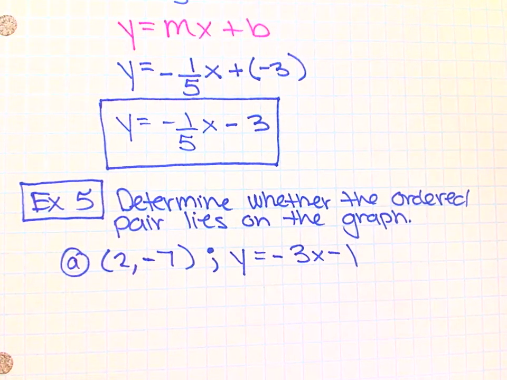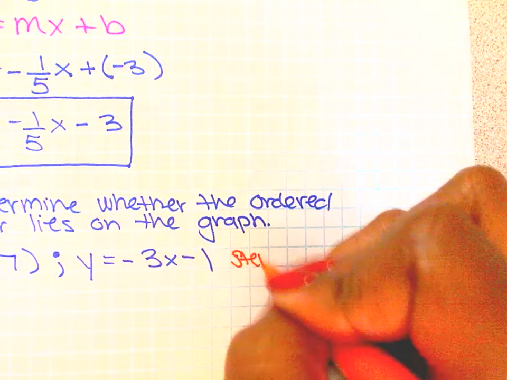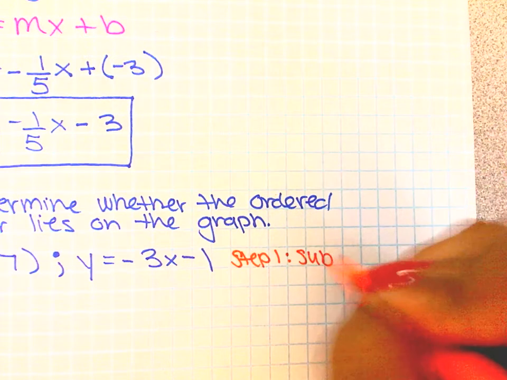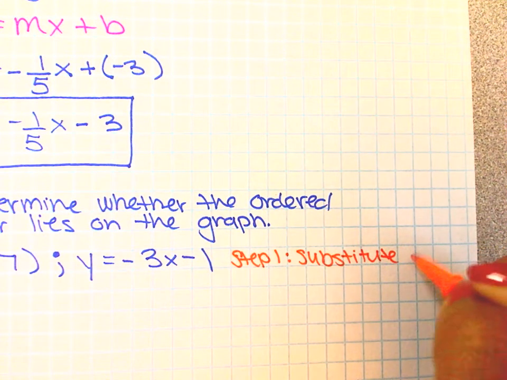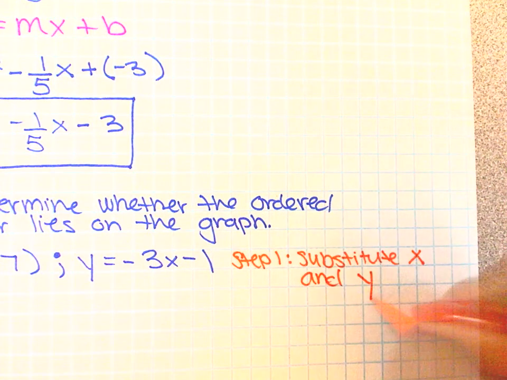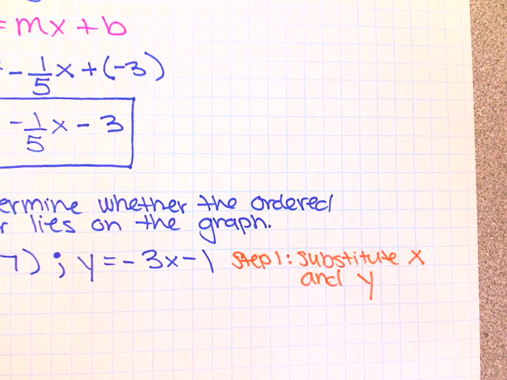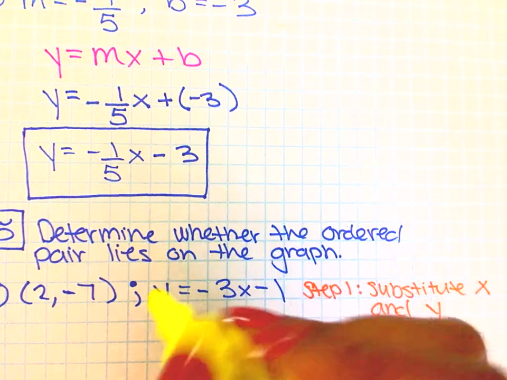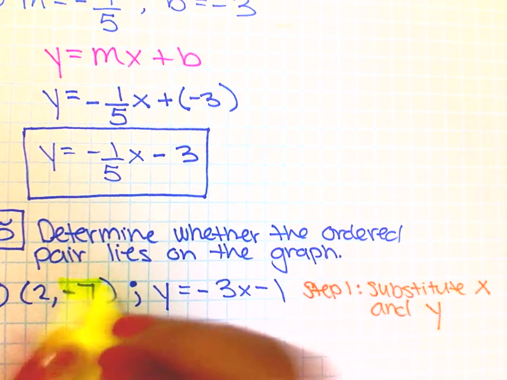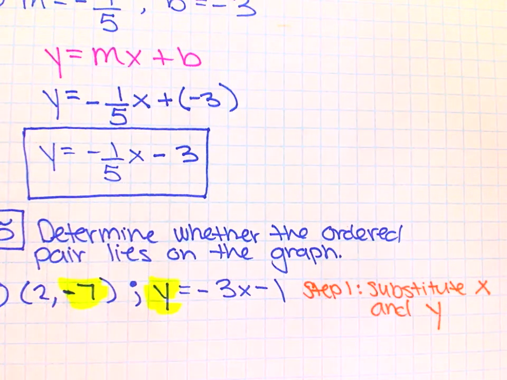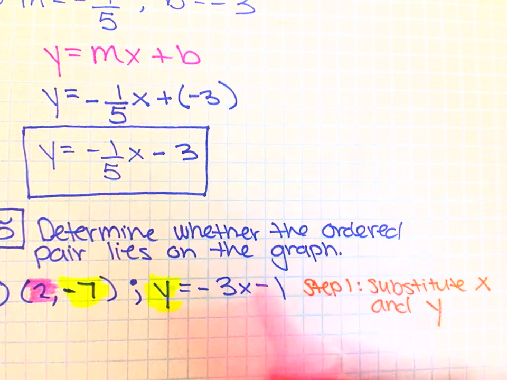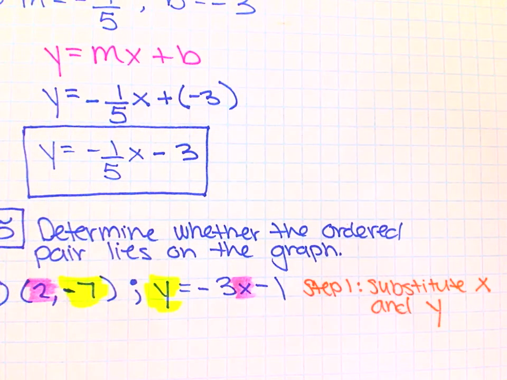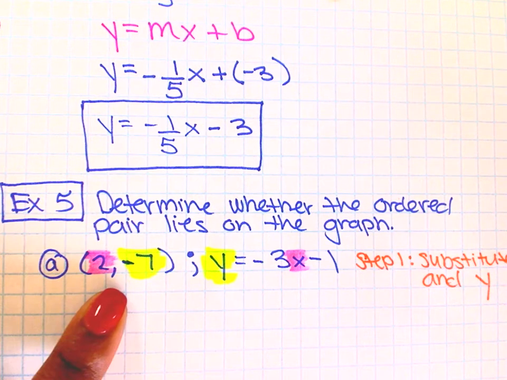Step 1, which I'm going to write over here: you substitute x and y. Step 1 is to substitute in x and y. So look, I'm going to identify, here's y, so that's where I'm substituting. Here's x. Does everybody see that? So I'm substituting these numbers in on the points for x and y.